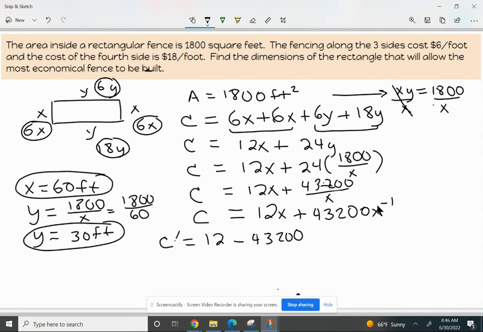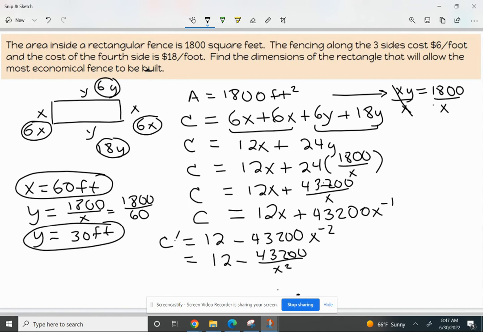Subtract 1 from negative 1 gives me negative 2. I'm going to rewrite it by putting x to the negative 2, writing x squared on the bottom. There's my derivative: 12 minus 43,200 over x squared.